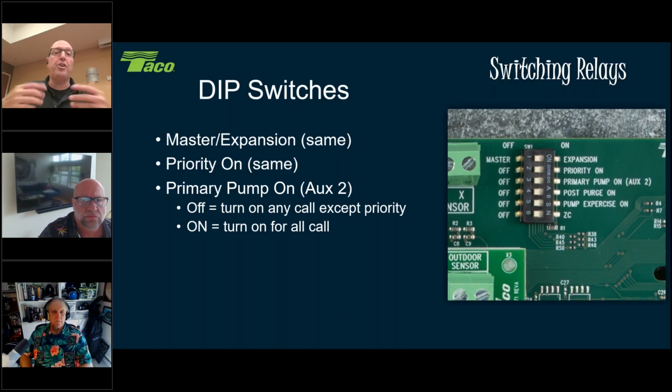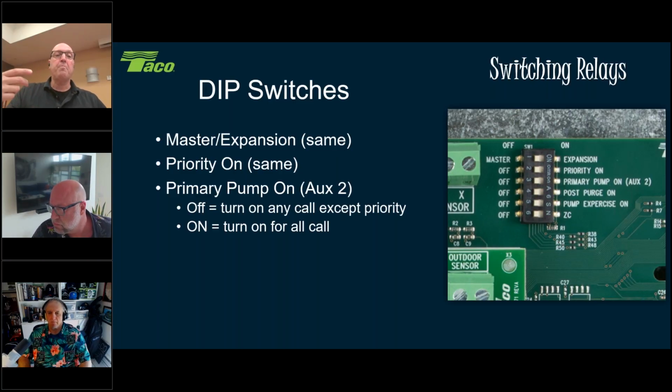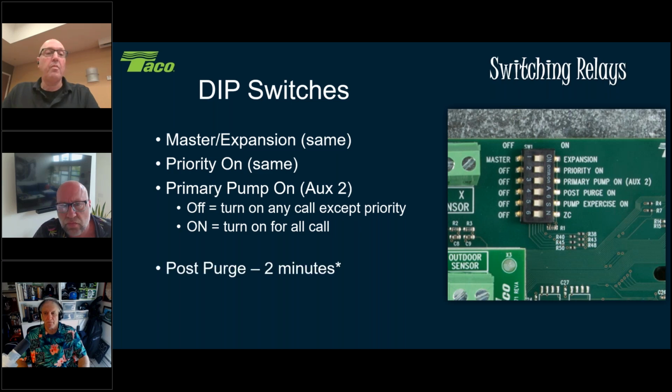If you want it to turn on for any call, that means your priority zone is next to your other heating zones over here off of the boiler injection leg. If you turn it to the off switch, that means it's tied into the injection leg right after the boiler itself. So that's what we're looking for there. So it's an on or off, but it doesn't mean that it's off. It's just got a different function there.